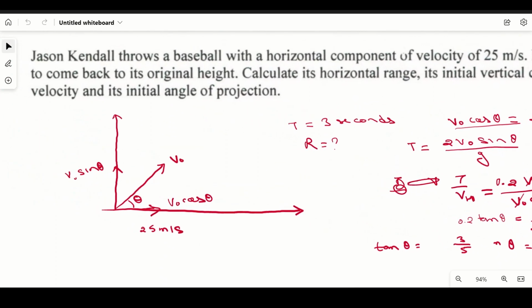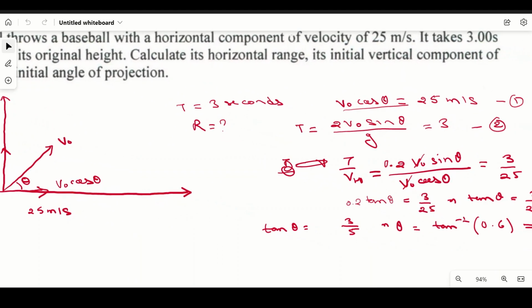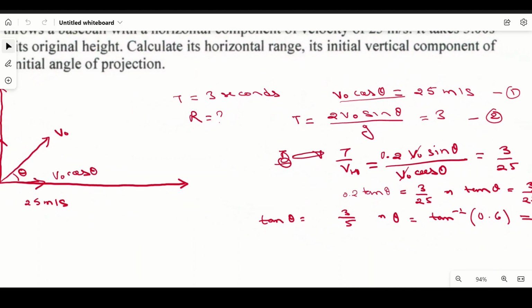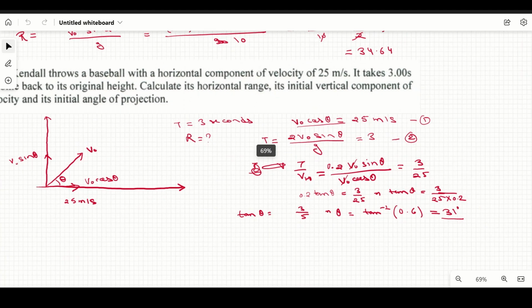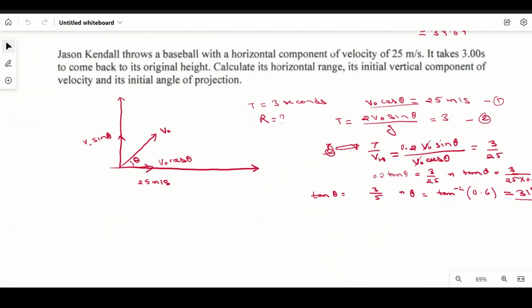Now we have to calculate the horizontal range. So what will be the horizontal range? You can see that the horizontal velocity is 25 meter per second. In the horizontal direction there is no acceleration, so the velocity will be the same, and range is velocity into time of flight.